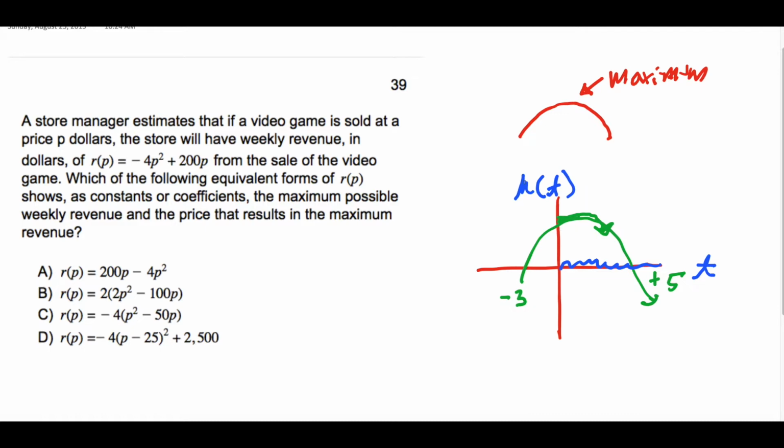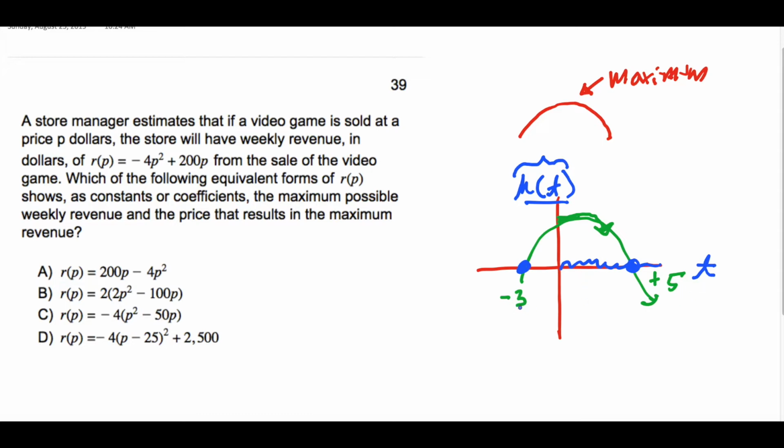And this whole thing would be 0 right here, because this is y. The x-intercepts are the time that the diver hits the water, or that the rock hits the ground. So it'd be 5 seconds.